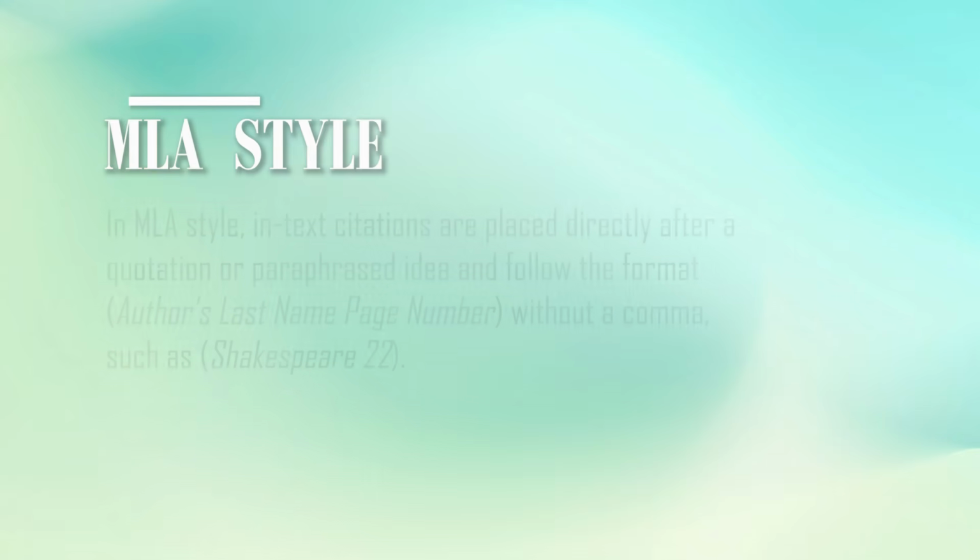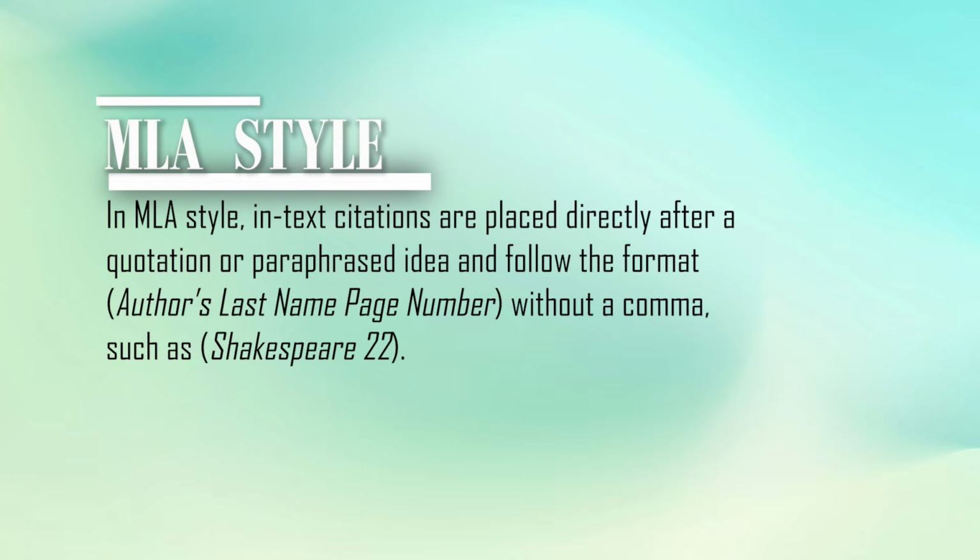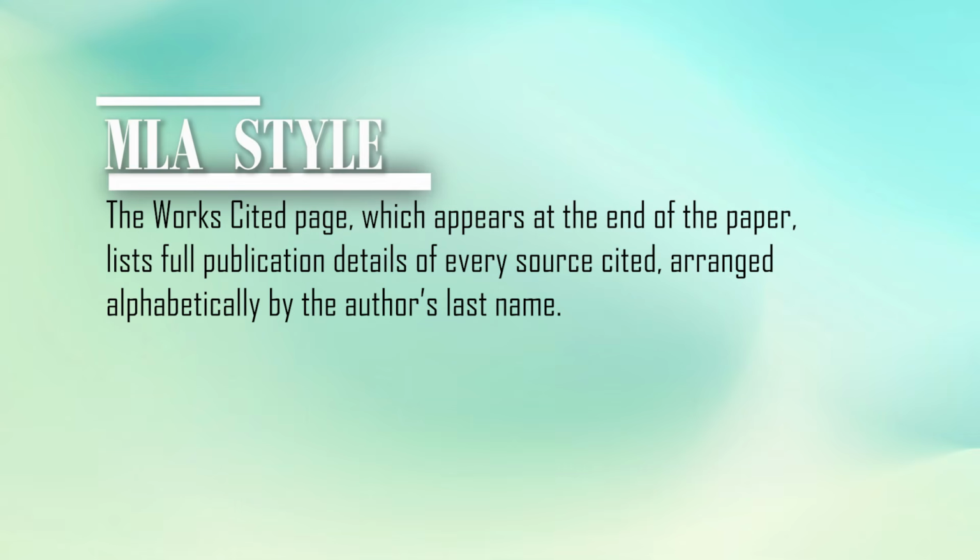In MLA style, in-text citations are placed directly after a quotation or paraphrased idea and follow the format of the author's last name with the page number in brackets, without a comma. If the author's name appears in the sentence, only the page number is included in the parenthesis. The works cited page, which appears at the end of the paper, lists full publication details of every source cited.